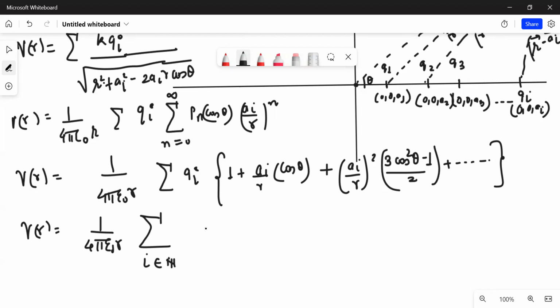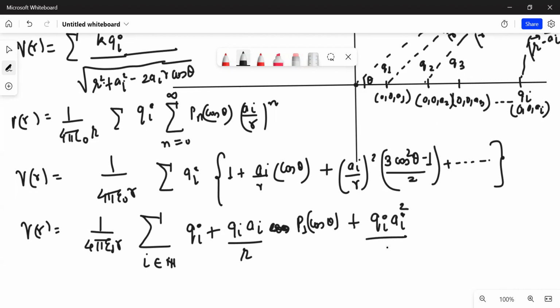Summation qi plus qi ai upon r cos theta, or I will write p1 cos theta here for simplicity. And this would be summation qi, summation चल रहा है ना, भूलना मत उसको, upon r, and this is p2 cos theta. And कुछ terms बढ़ते जाएंगे, I'm not bothered about it. Is that clear or not clear?